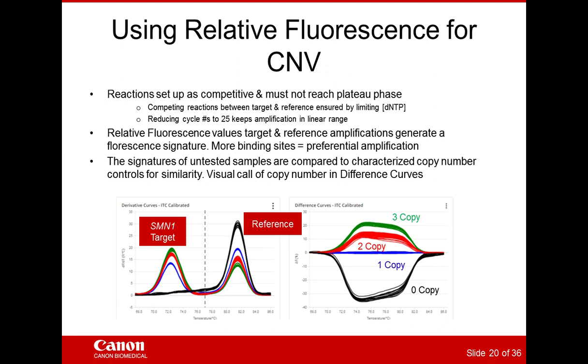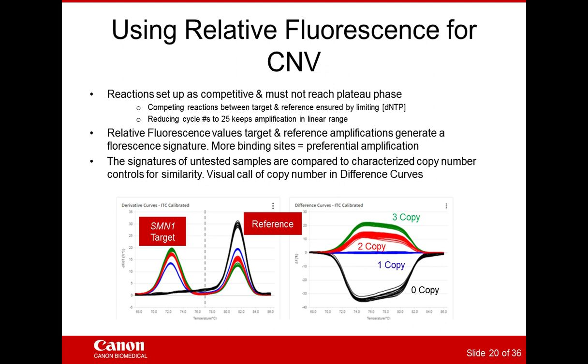So we can use this inverse relationship to our advantage in that we can really use both fluorescence signatures for both the target and the reference to separate out samples of different copy number.